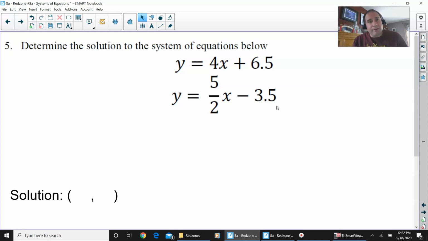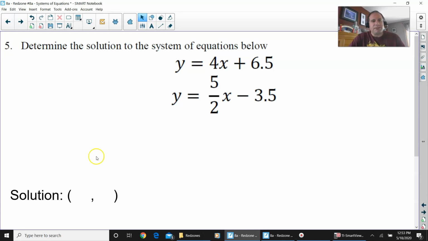When they're both equal to y, they are both equal to each other. So please go ahead, set these equal to each other, solve for x, and then substitute back in to one of the equations to get the y. We're going to press pause and try that problem out right now. Hopefully you can get that correct.